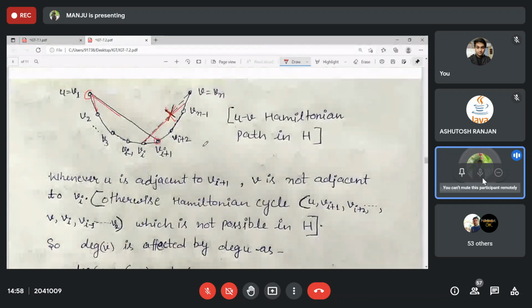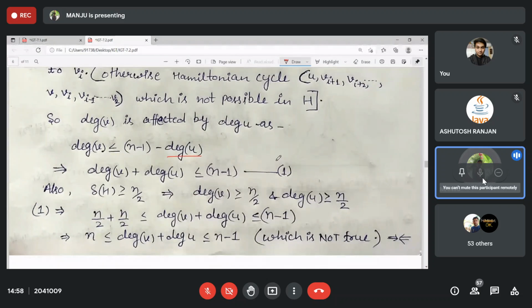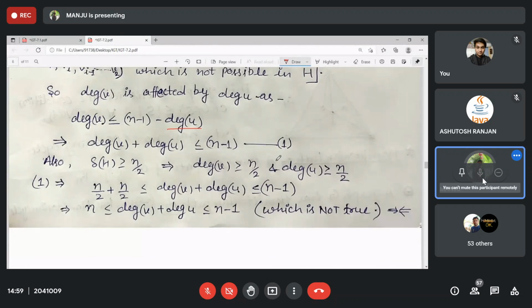Otherwise, if this happens, then you can find a Hamiltonian cycle from here to here. Okay. So that's why, and we have considered H as maximal non-Hamiltonian.